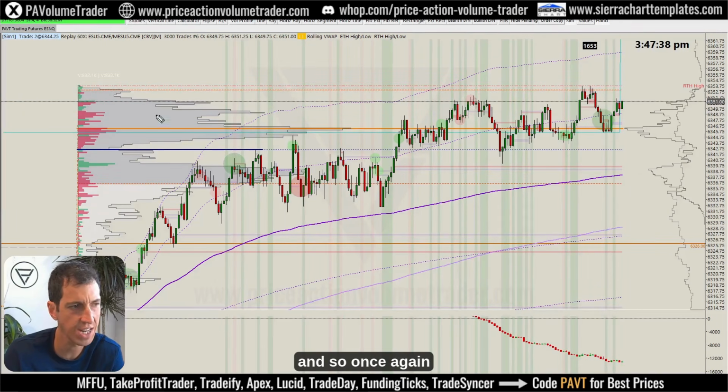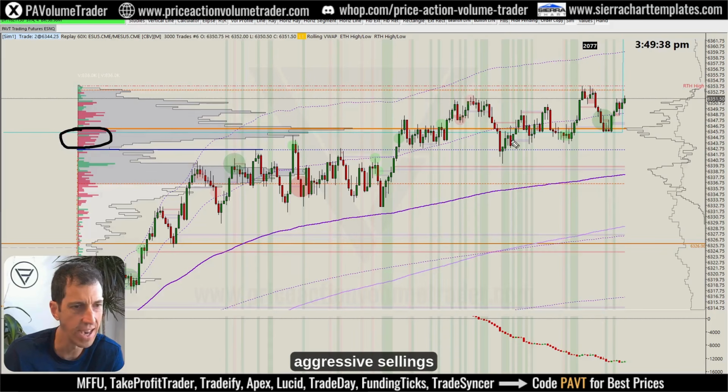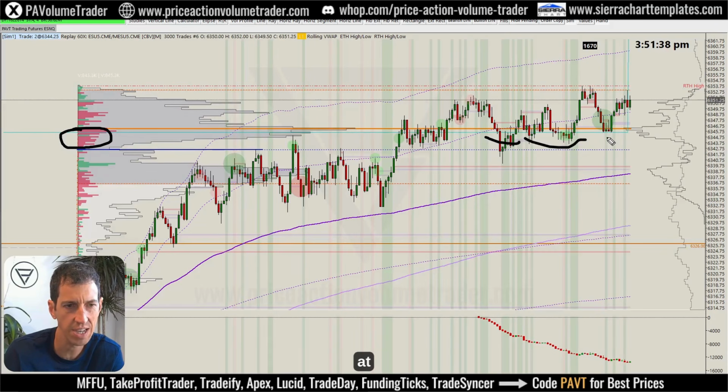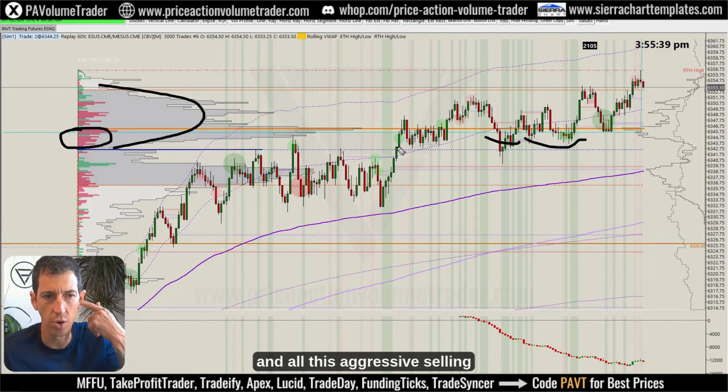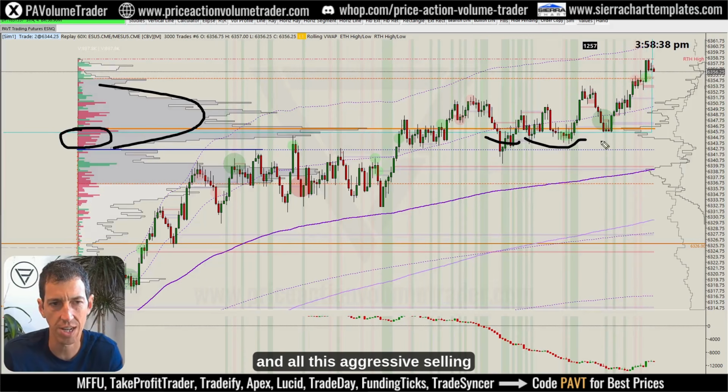And so once again, big aggressive selling at the bottom of a high volume node, and all this aggressive selling is absorbed there.